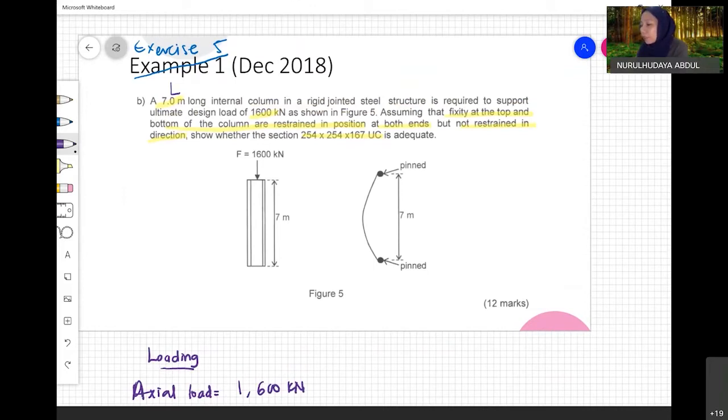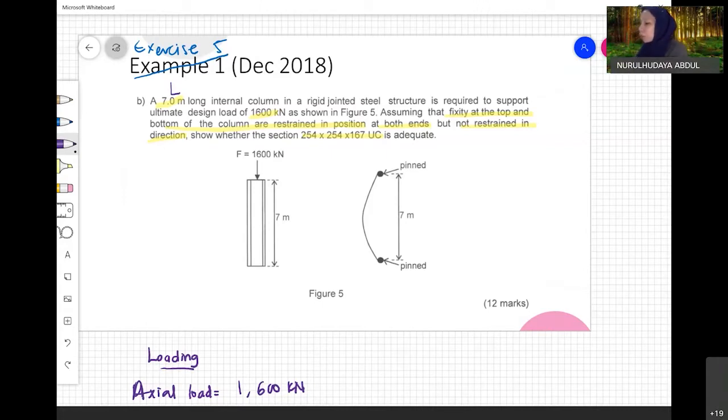Assuming that fixity at the top and bottom of column are restrained in position, means that atas bawah kolom awak restrained in position but not restrained in direction. Okay, atas dengan bawah juga not restrained in direction. Okay, restrained in position saja but not restrained in direction.